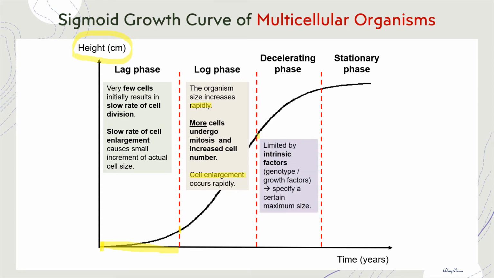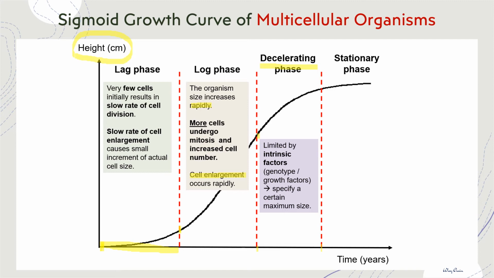Untuk fasa ketiga atau decelerating phase, kalau kita dapati di sini, nampaknya pertumbuhan tu walaupun berlaku, tapi sebenarnya kelajuan atau kadar pertumbuhan tu telah menurun. That's why kita kata decelerating.